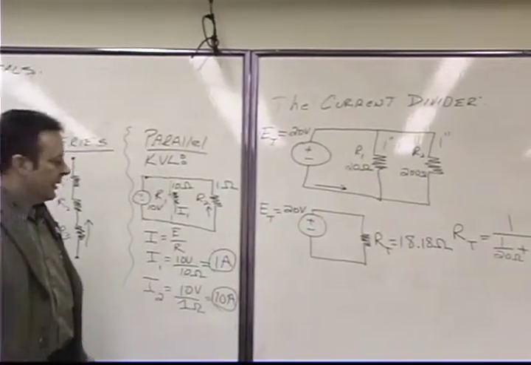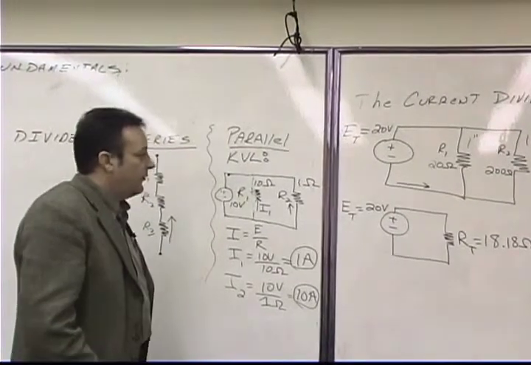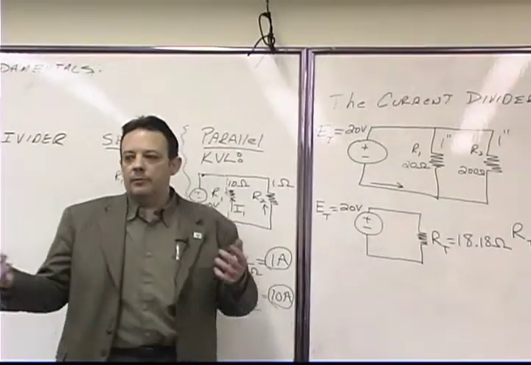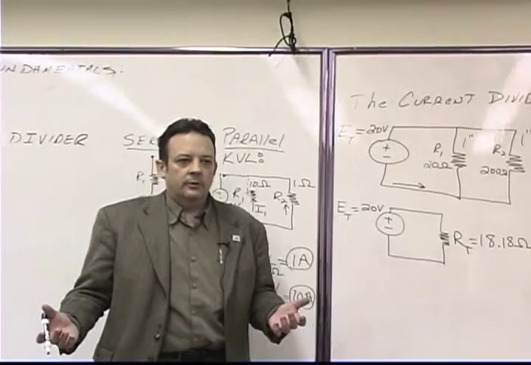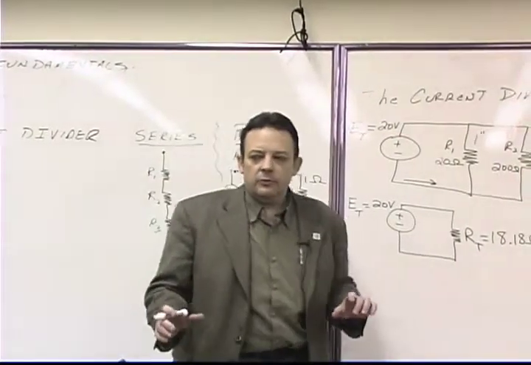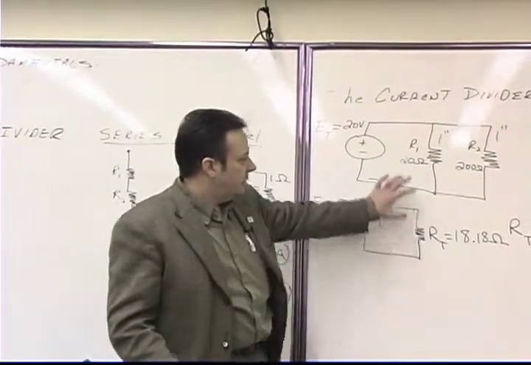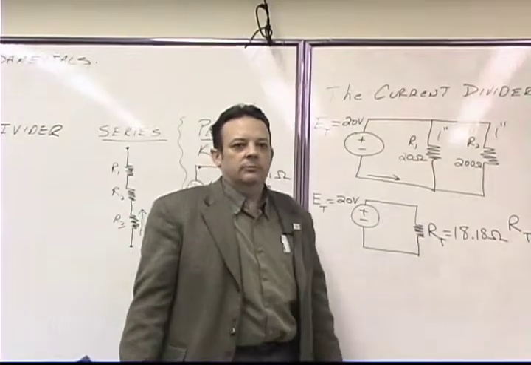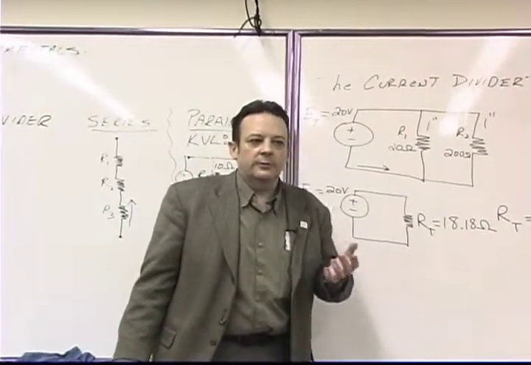Okay? Other than the fact that there's a different number of components, is there any electrical difference between this circuit and this circuit? No. That's why they're called equivalent circuits.